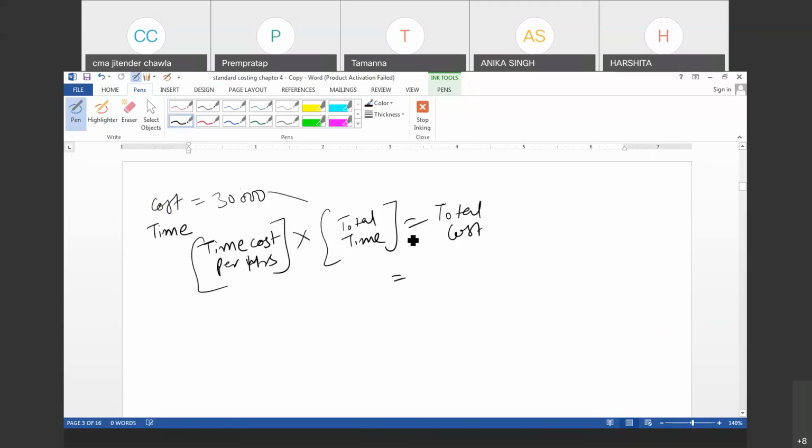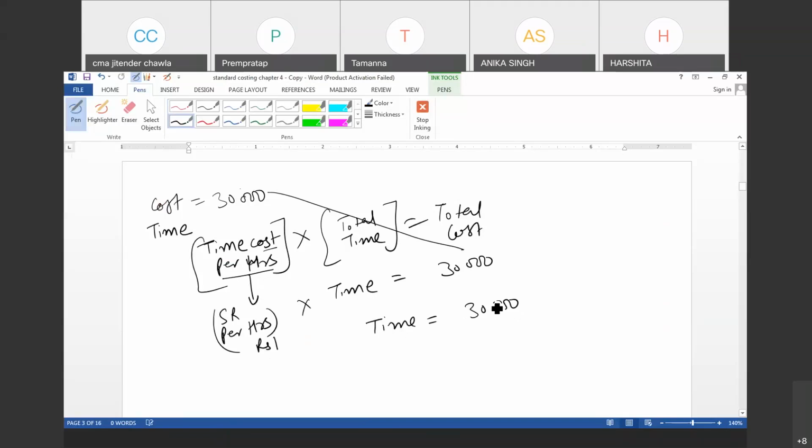This total cost is given to me as 30,000, and cost per hour, that is standard rate per hour, into time is 30,000, and this is rupees 1. So could I say how much time, 30,000 hours for making 20,000 units?